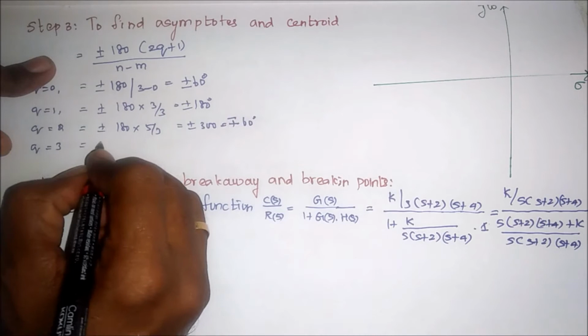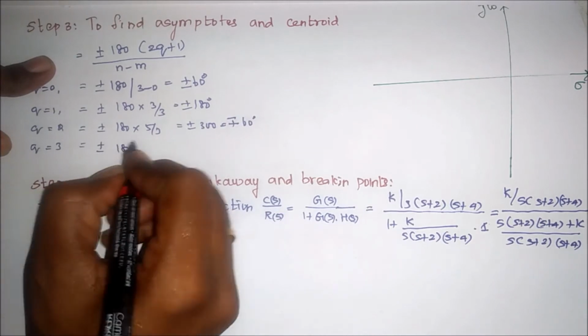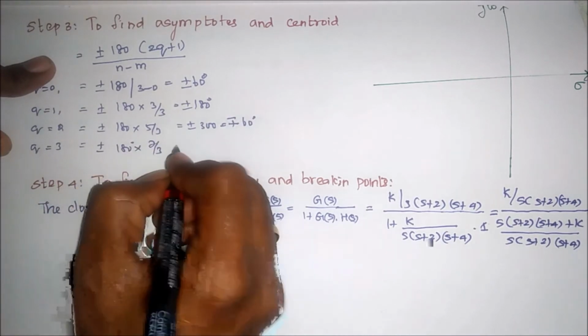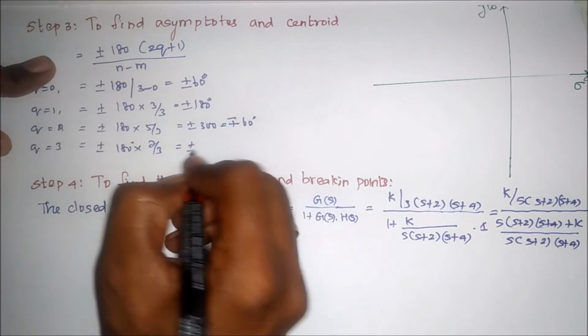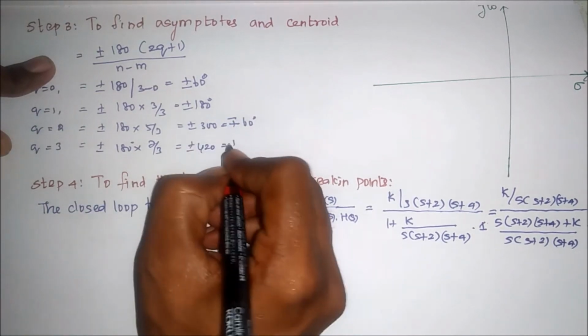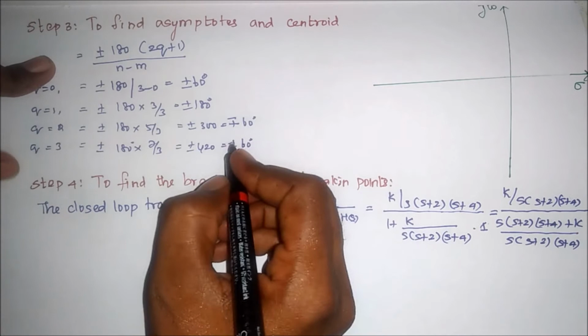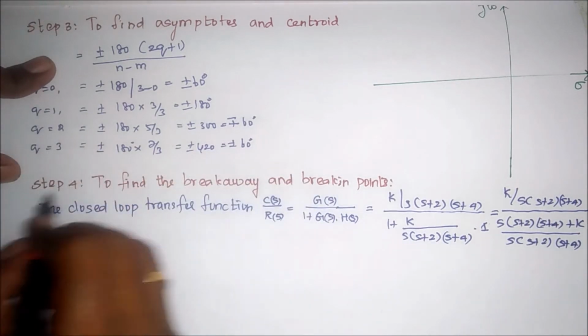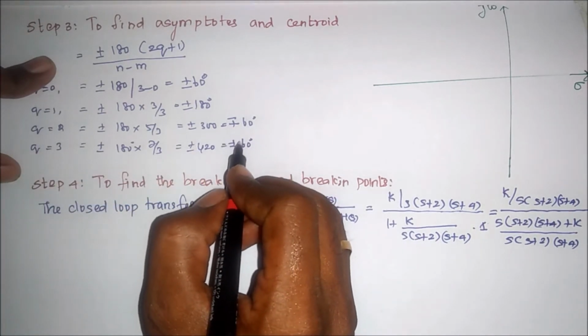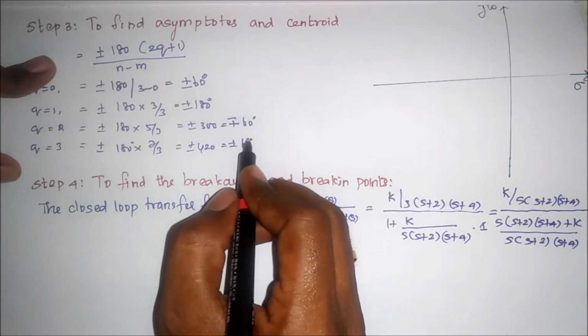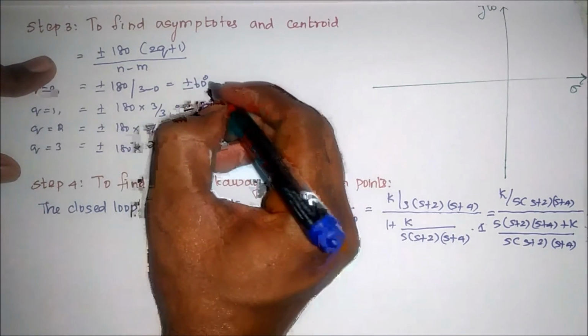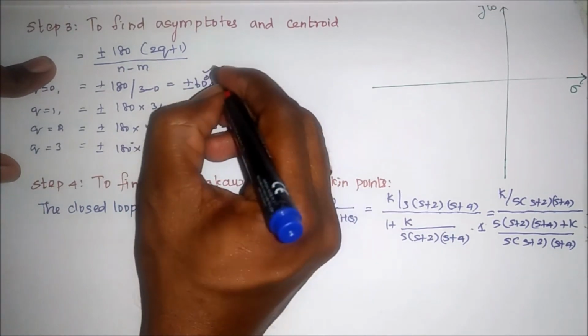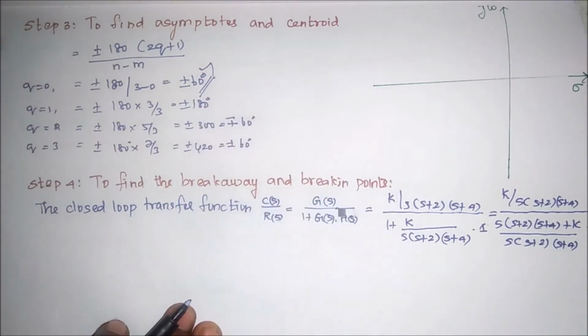Then q = 3. If we substitute, we get 180 into 7 divided by 3, so it will be 420, which is equal to ±60 degrees. If we substitute further q values, the value will definitely be ±60 only. So the angles of asymptote are 60, 180 and 300 degrees. Next, centroid.